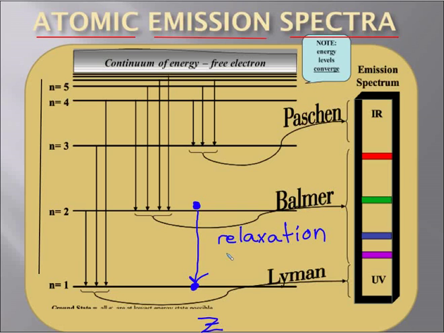Now, notice here for the relaxation process that the final is less than the initial. And we'll do some math on this and you'll see. So our change in energy is going to be a negative value.